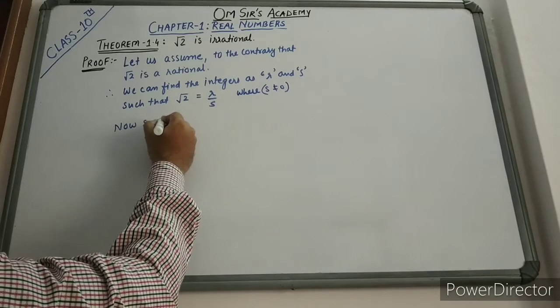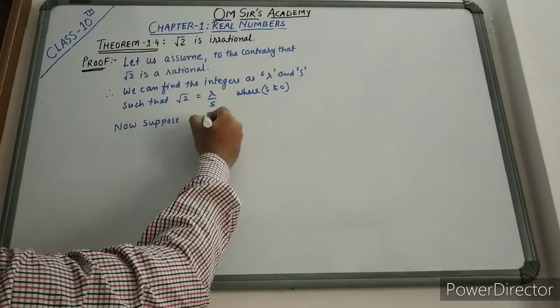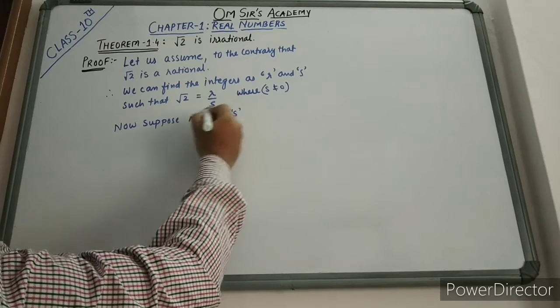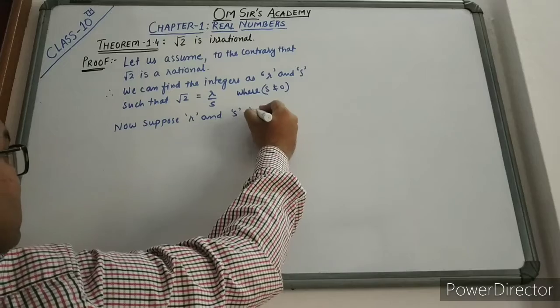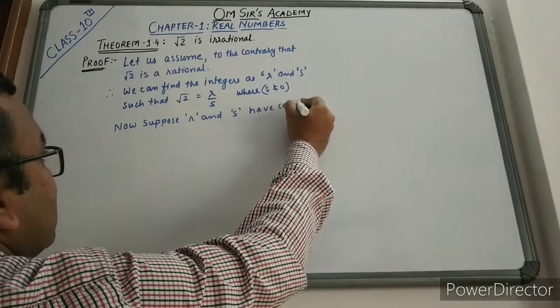Now suppose R and S have a common factor other than 1.